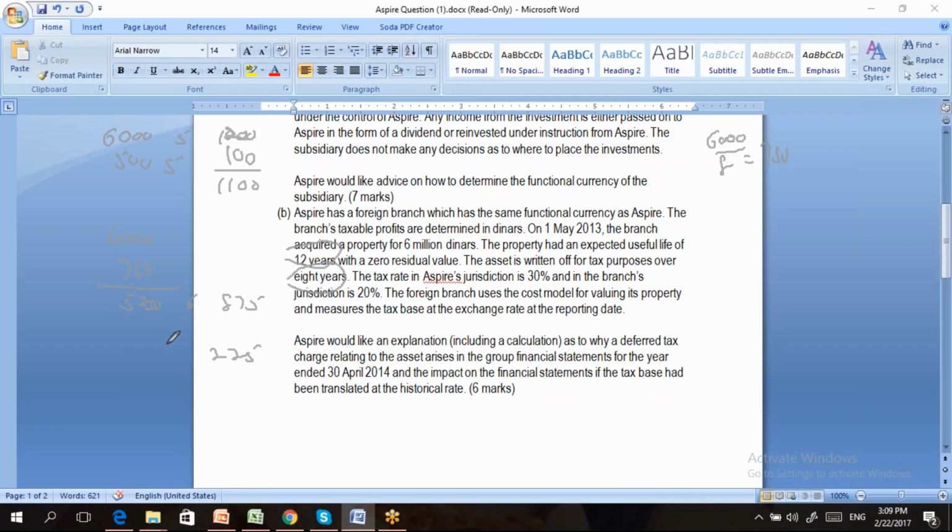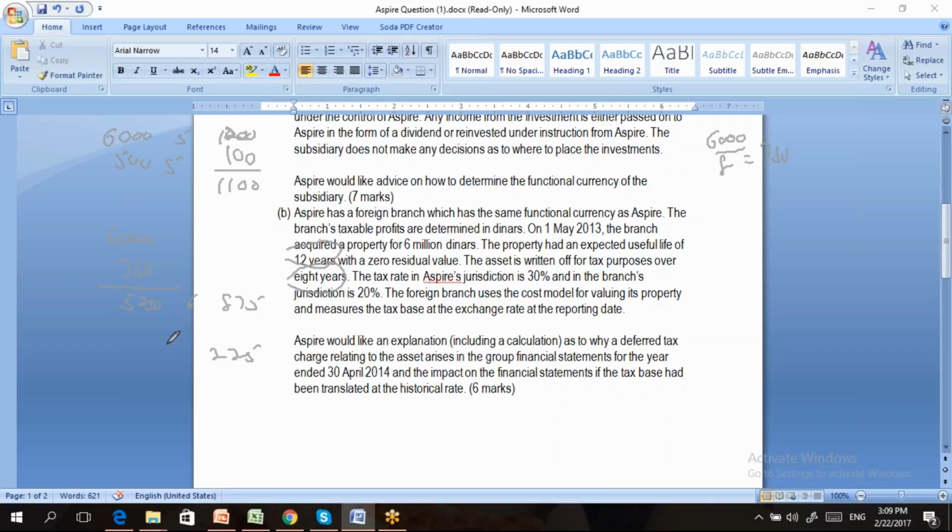Now the question is, how much is deferred tax? We take the temporary difference and multiply by the tax rate. Now my question is, what tax rate will you use? Will you use the 20% or the 30%? You'd use the 30%. Sorry, hang on.